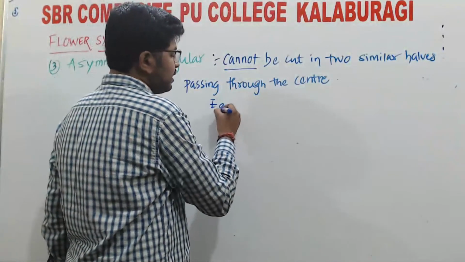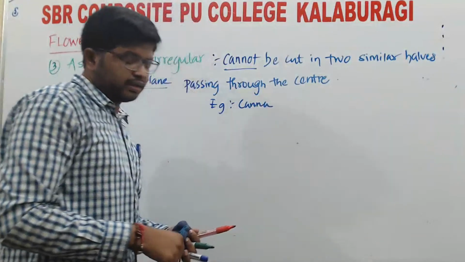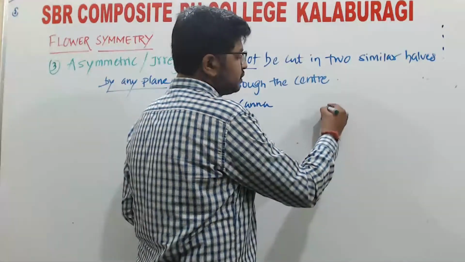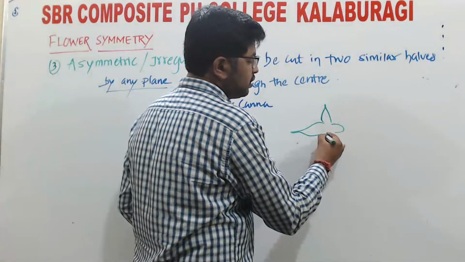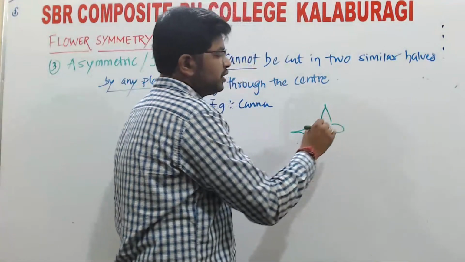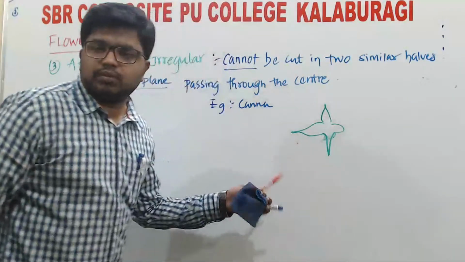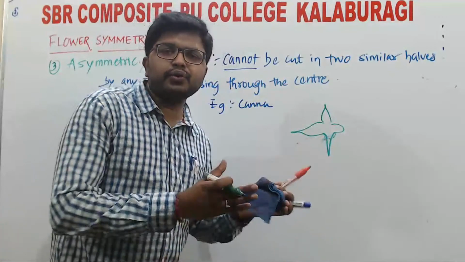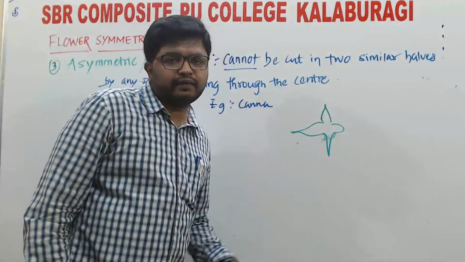Example is canopy. See here, the flower is irregular, meaning it does not have a well-defined shape. One petal is very small, the other one is medium. So there is no plane; when you cut it, it will not give you two halves. Such a flower we call an asymmetric flower.